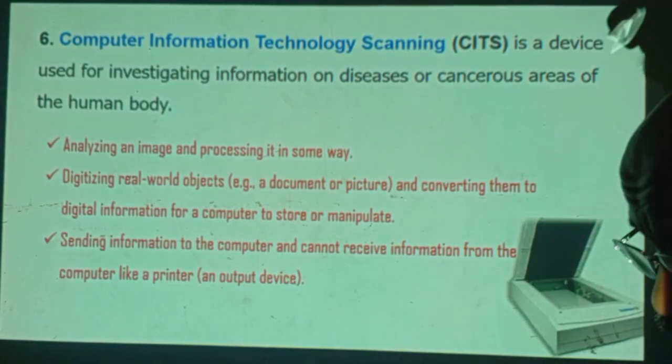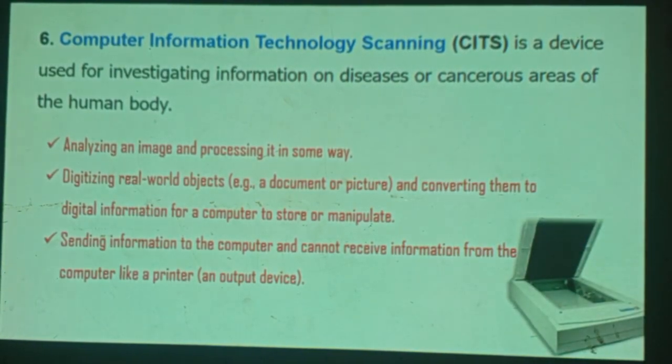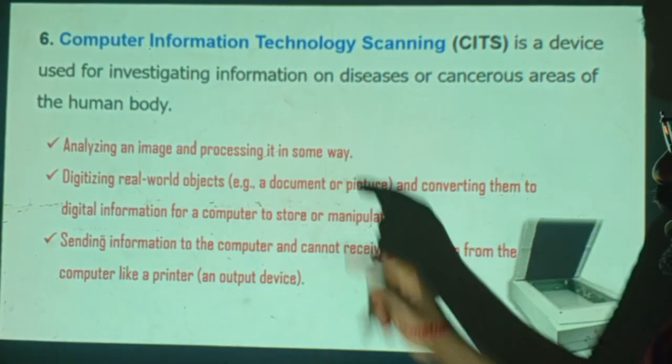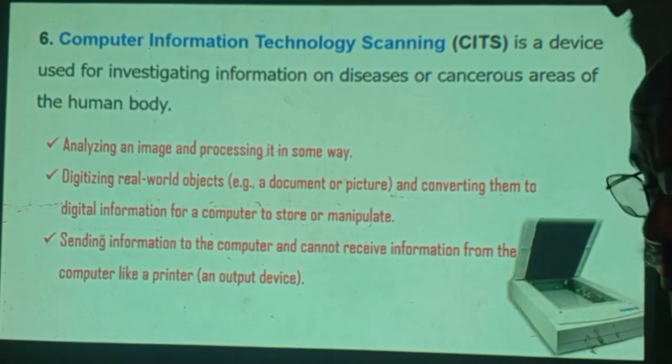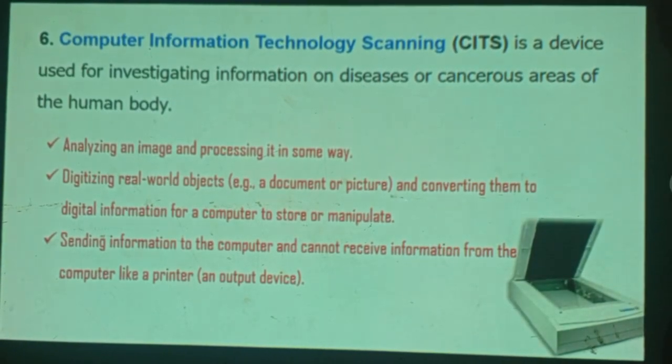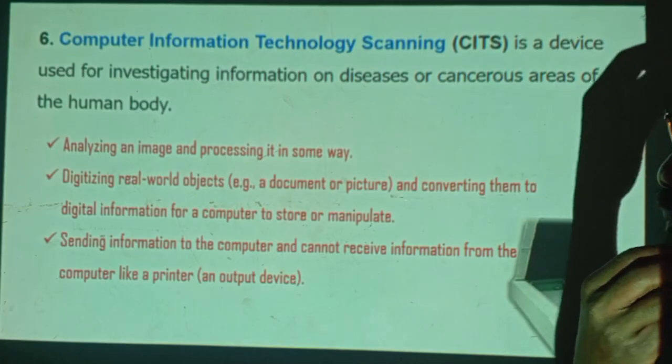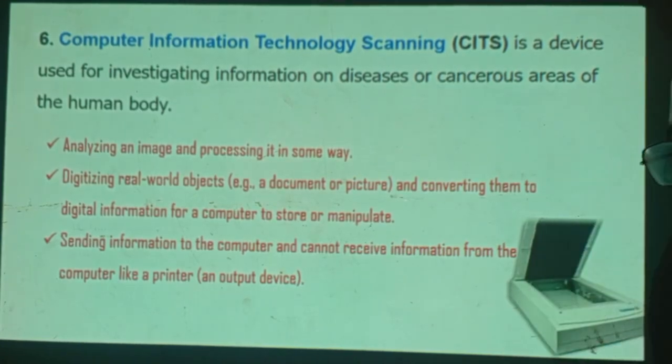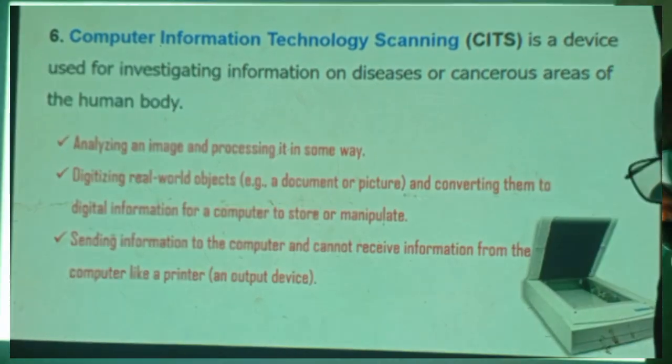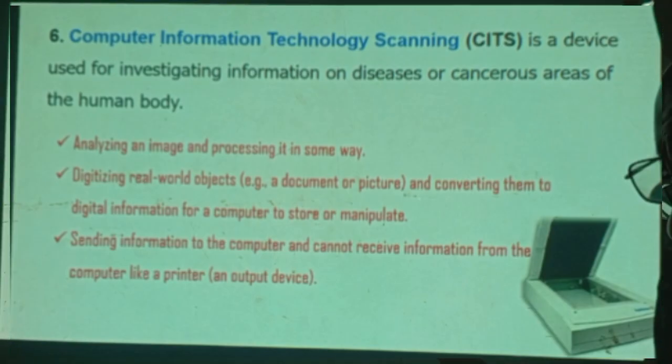When it comes to the other tool, computer information technology scanning, CITS, is a device used for investigating information on disease or cancerous areas of the human body, analyzing an image and processing it in some way. It analyzes images in the body of patients and processes them in some way, density, size, or mass, something like that, so that a cancerous ball of mass of tissue in your body may be assessed.